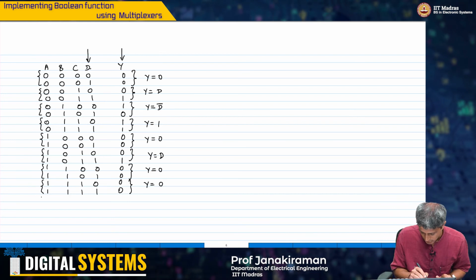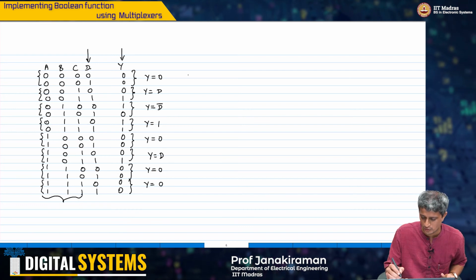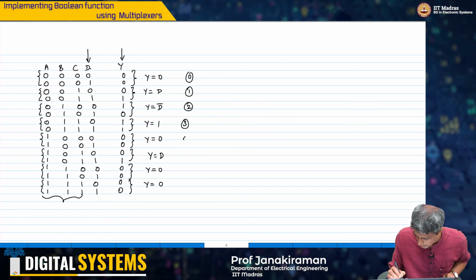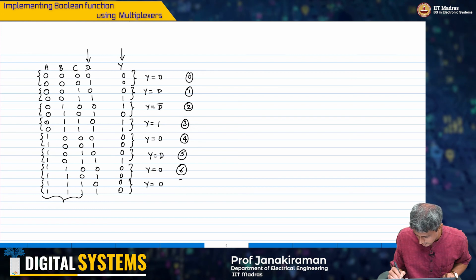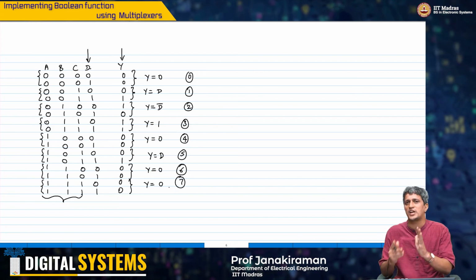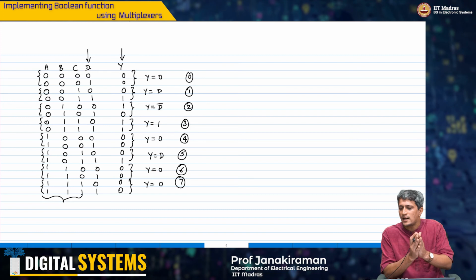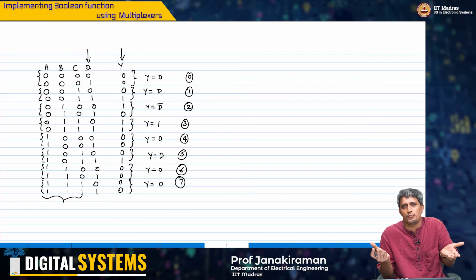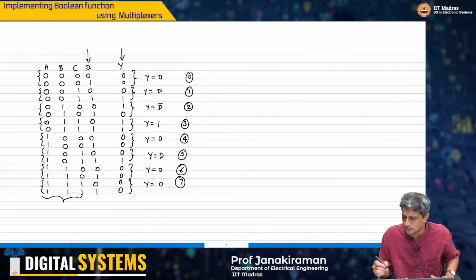Now you can see that I have to deal only with 8 such combinations. Let me number the combinations: 0, 1, 2, 3, 4, 5, 6, 7. I have just 8 combinations, and my multiplexer can therefore be simply an 8:1 multiplexer.